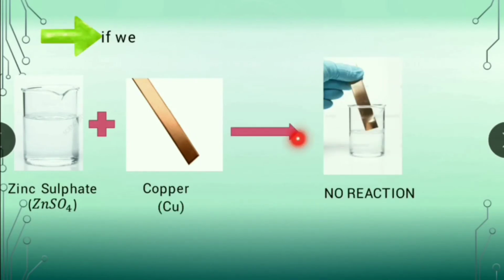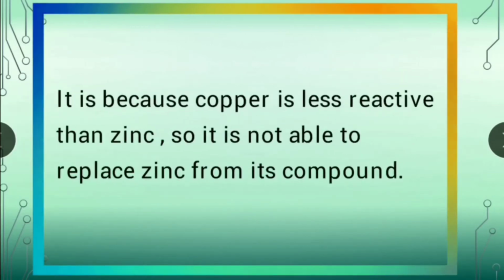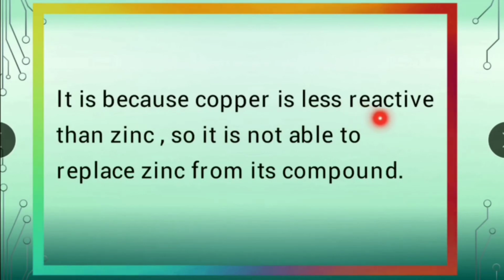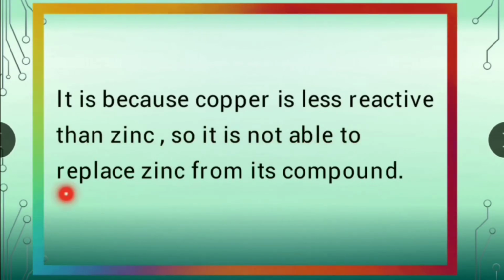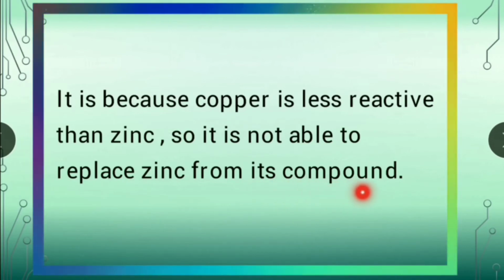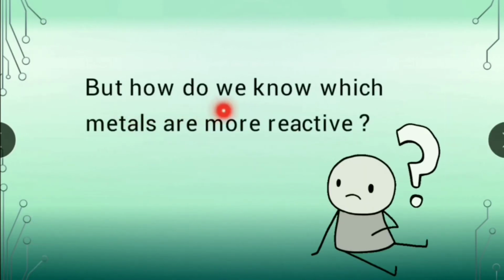There will be no reaction. But why? It is because copper is less reactive than zinc, so it is not able to replace zinc from its compound. But how do we know which metals are more reactive?